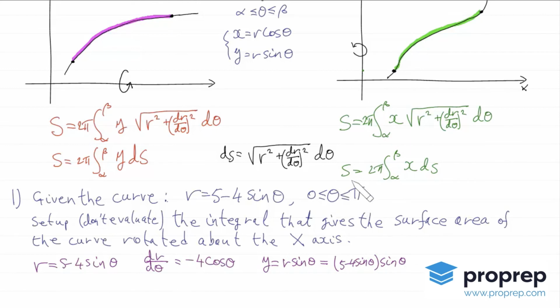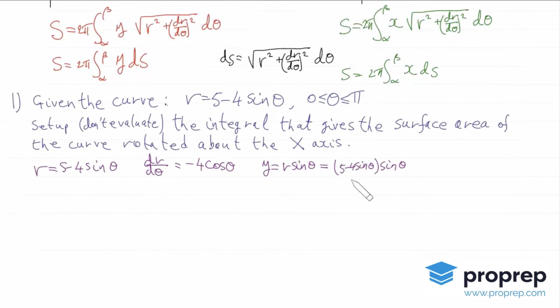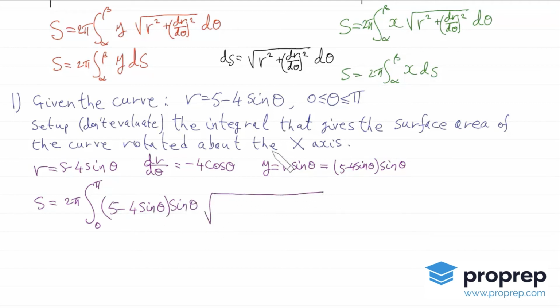So what we get, just get some more space here, is that s is 2 pi times the integral from 0 to pi of, now I can use this form here, y, which is this thing here, 5 minus 4 sine theta times sine theta, and then the square root of r squared, which is 5 minus 4 sine theta squared, plus dr over d theta squared.